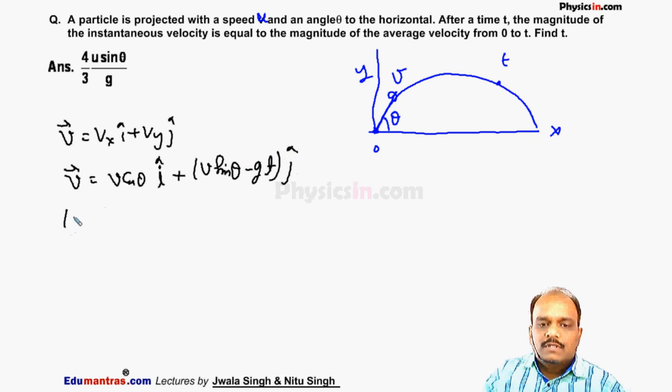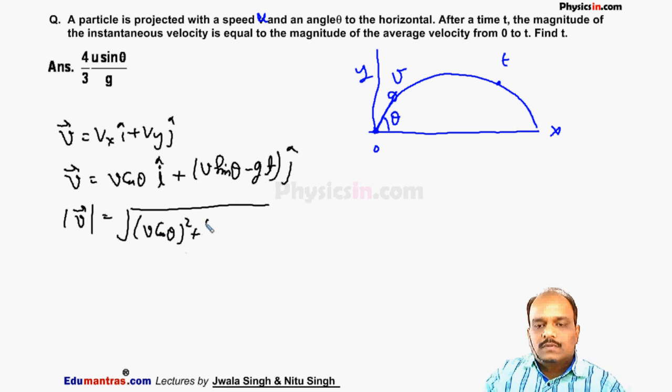The magnitude of instantaneous velocity is root over V cos theta whole square plus V sin theta minus gt whole square. This is our first expression.